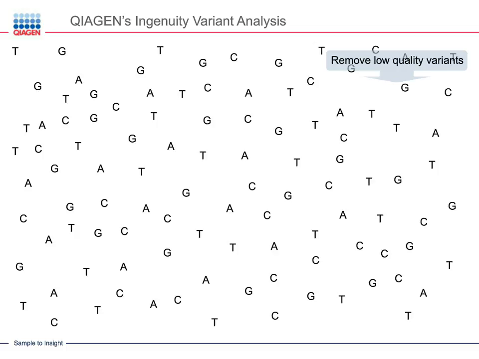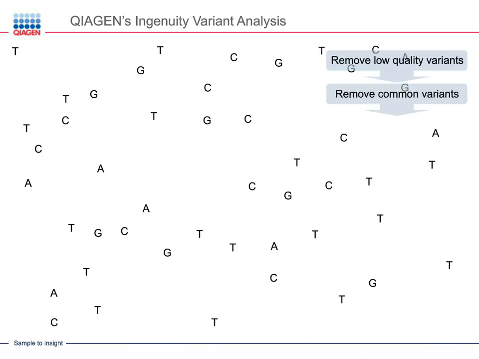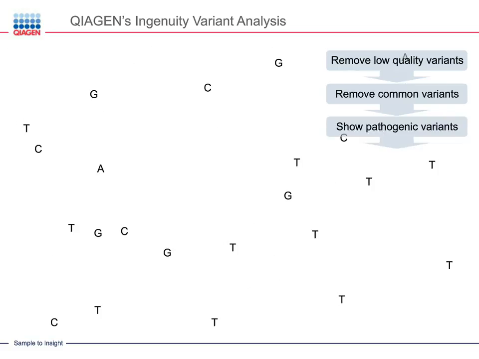So one question you might say is, well, let's remove low-quality variants that are found in this 4 to 5 million. So you easily remove a few there. The next thing is remove common variants. Common variants are, for example, variants that occur in a healthy population that are unlikely to contribute to disease. And then the next is show me only those variants that are known in the scientific literature to cause pathogenicity.